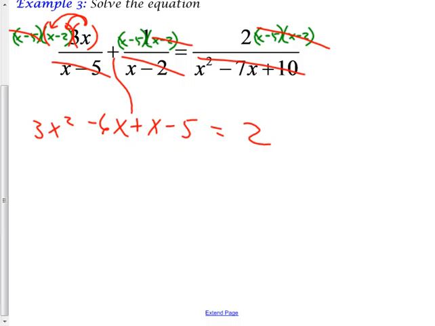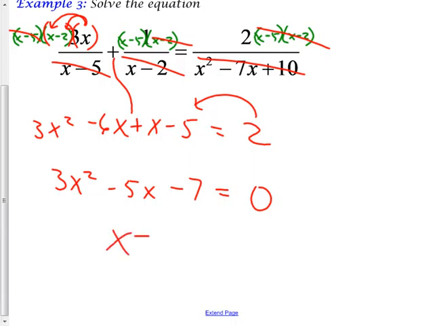So then, how do I finish it? I just have to put it all onto one side and set it equal to 0. So I'm going to say 3x squared, and then the x's go together, and I get minus 5x. Then I'm going to put this over to the other side, makes it a negative 2, and a negative 5 makes negative 7. This can be solved with factoring, or with graphing, or with the quadratic formula. Let's say that one of the answers came out to be 2, and the other came out to be negative 8.